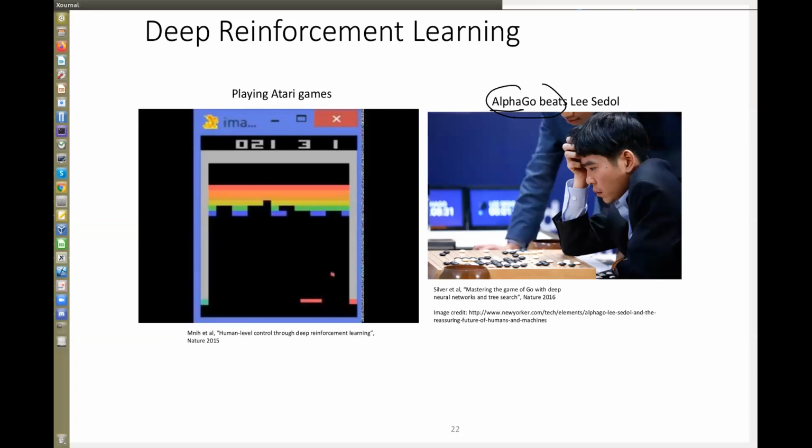Go, by the way, is an Asian, Chinese game that is supposedly very difficult, more challenging than chess. Just a couple of years ago, before the AlphaGo model, people thought we needed at least a decade more for machine models to beat humans, but it happened. So anyway, all this makes the human species humble.